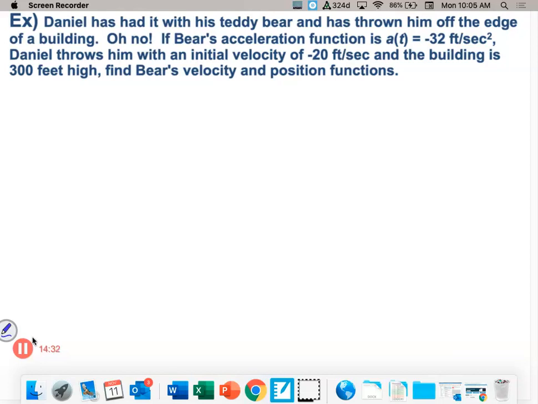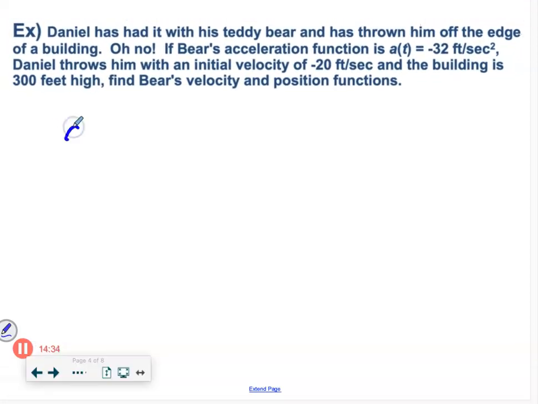So we're starting with nothing more than that. Acceleration due to gravity is negative 32 when we're in feet, right? Okay, so everyone take a second and find your velocity function.